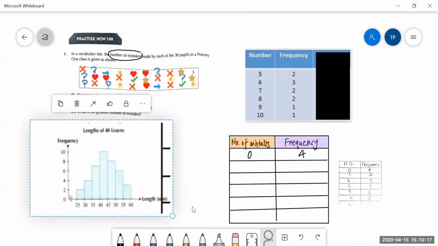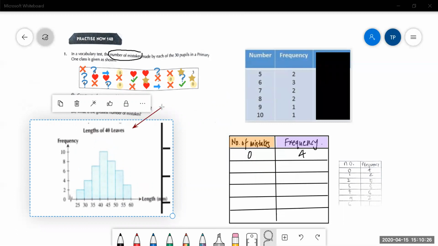So as you can see, how do you accurately draw a histogram? Step one, the title. Step two, the X and Y axis, and you have to label them.